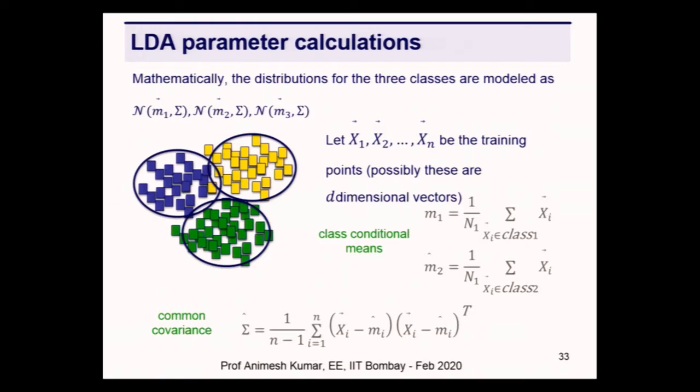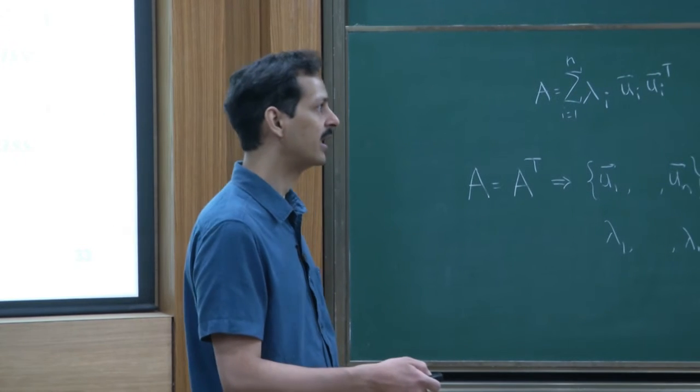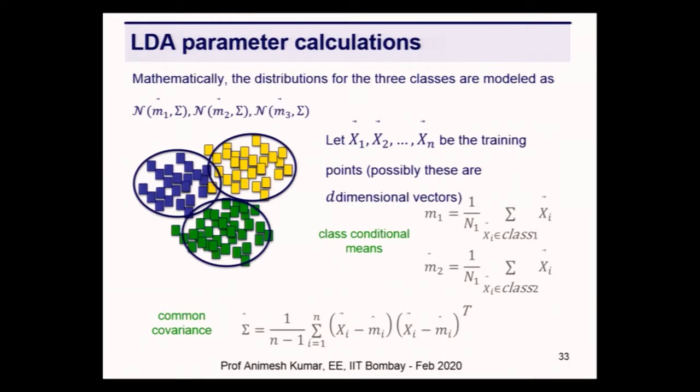So you approximate M1. This is the approximation of M1 as the average of all the training points which are labeled as class 1. You collect all the training points labeled as class 1, and average them out. N1 is the number of training points of class 1.